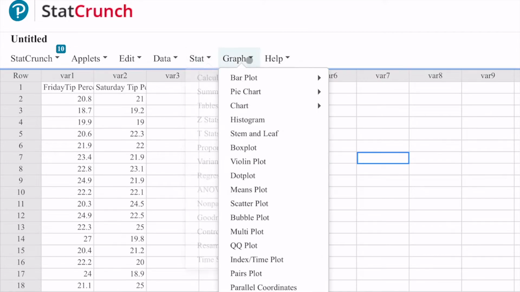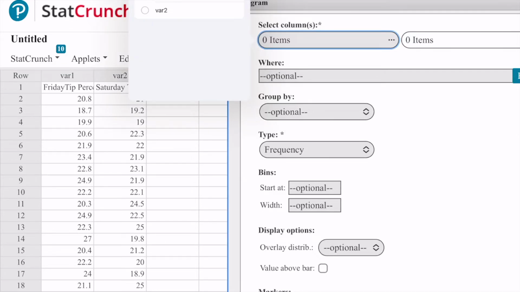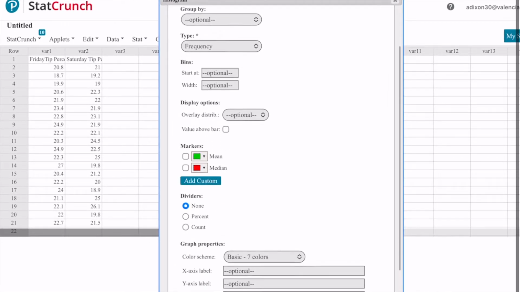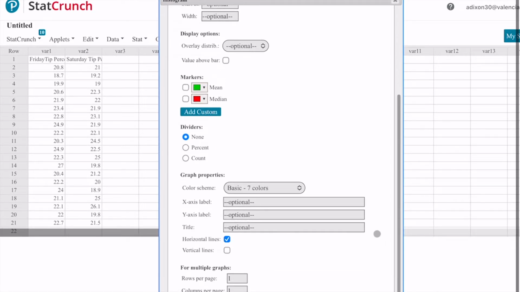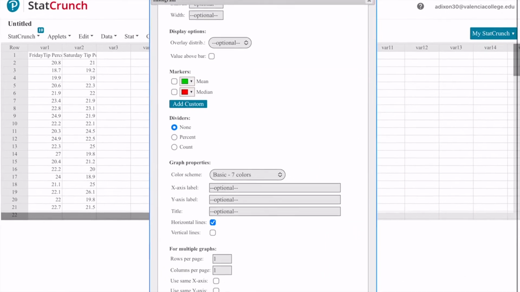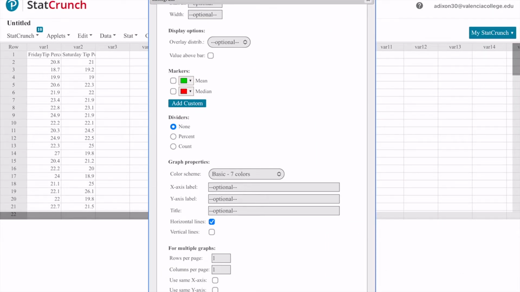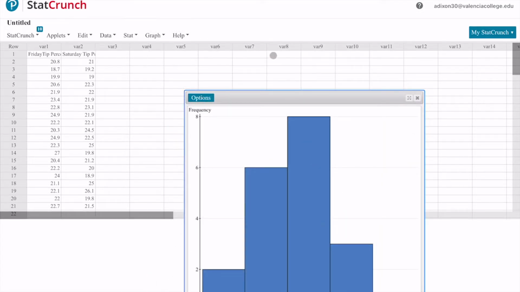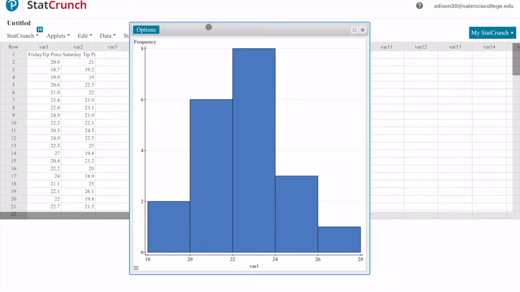To do that, we go to graph, histogram. Let's look at variable 1 first. Make this just a little bit smaller. All right, and then I'm going to go to compute here at the bottom. Not sure if you guys can see it. Let me drag this up. There's our histogram for group 1 for Friday night tips.